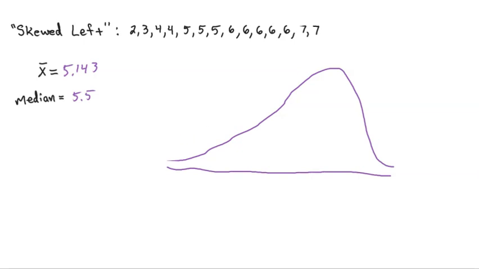And what happens with skewed left is the mean will be somewhere over here, but the median will be somewhere over here. And so the median of the data is going to be a larger number than the mean of the data.